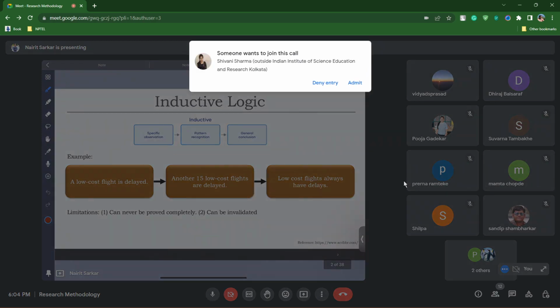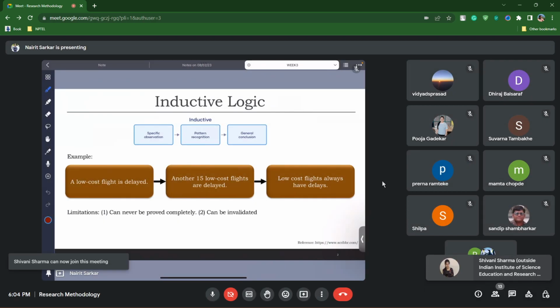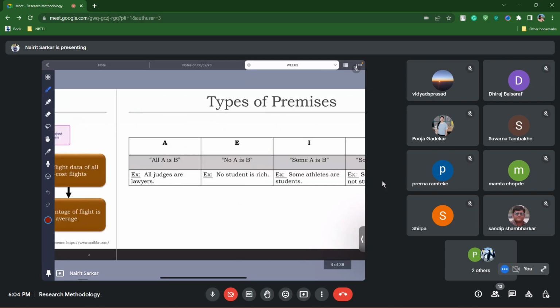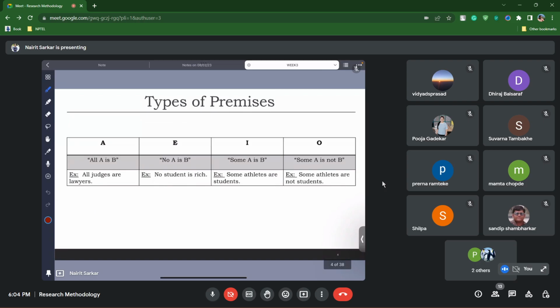No confusion? If you don't have any confusion regarding inductive and deductive logic, we will start Venn diagram today.